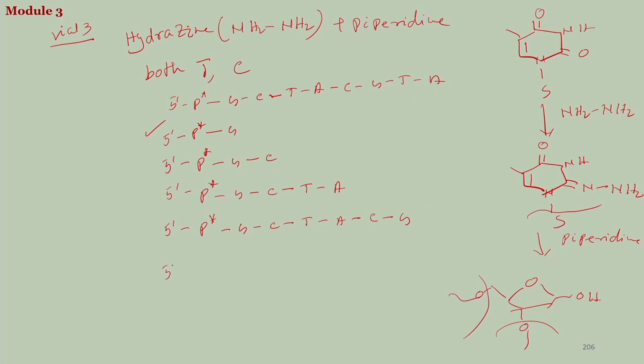The last one, the full length, C, G, T and A, the full length. So, these are the fragments that you are going to get from vial 3. So, vial 3 we now call T plus C or C plus T.